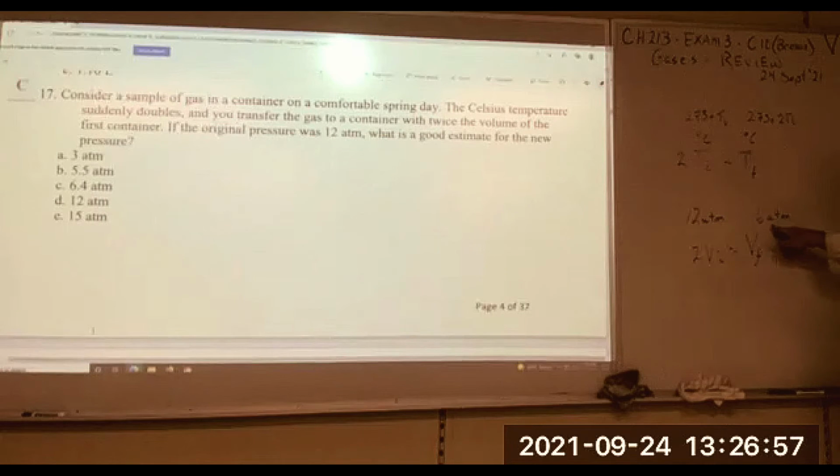It will increase the pressure back towards 12 from here, because you did increase the temperature a little bit, right? So a good estimate would be something greater than 6. It wouldn't be 12, definitely wouldn't be 15, because we didn't double the Kelvin, we doubled the Celsius. But it wouldn't decrease either. So this one is probably the best estimate, 6.4 atmospheres. Does everybody see that? The logic there? Okay.